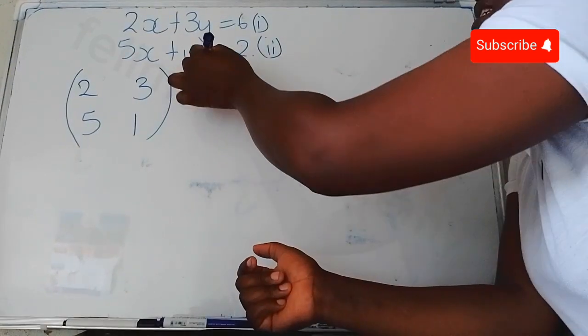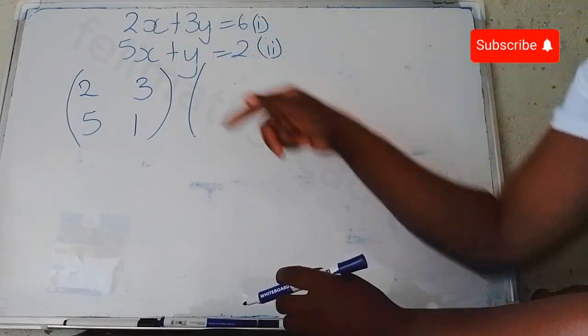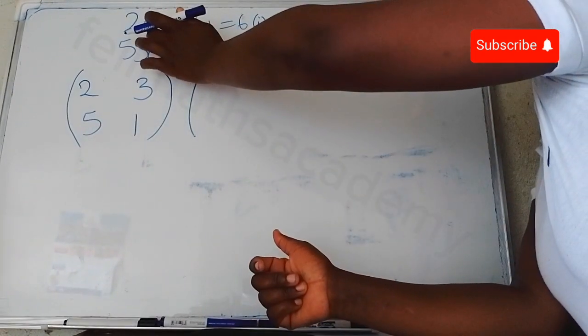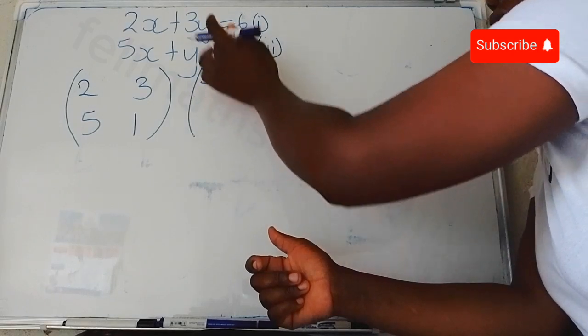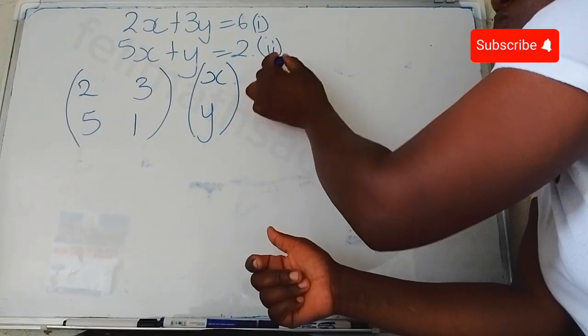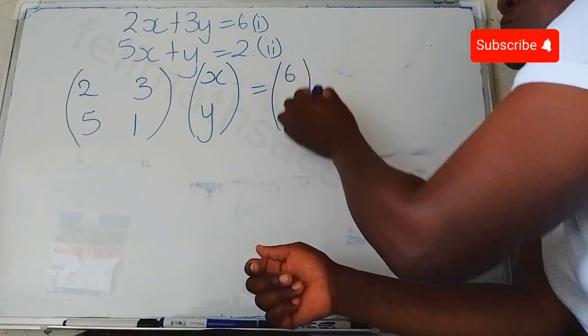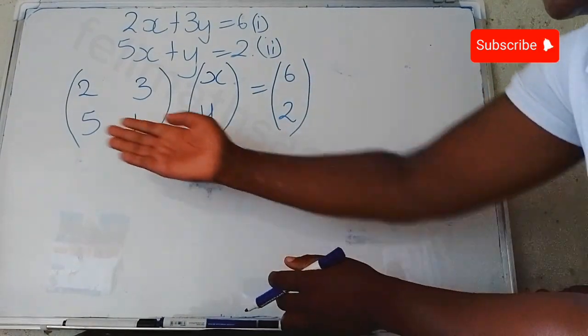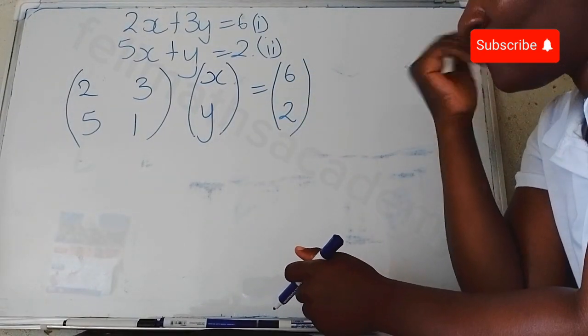Then the second matrix, we are multiplying by our 2 variables, x then y, is equal to the 2 constants, 6, 2, right? So we are multiplying this by this to get this.